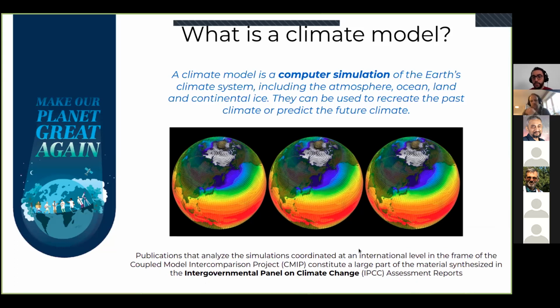Of course, you probably know about the IPCC assessment reports. The last one came out on the 8th of August, if I remember well, so it was not very far in time.